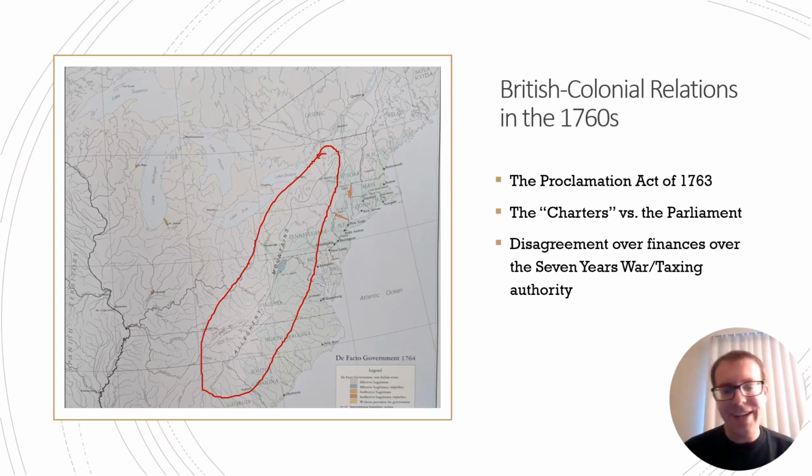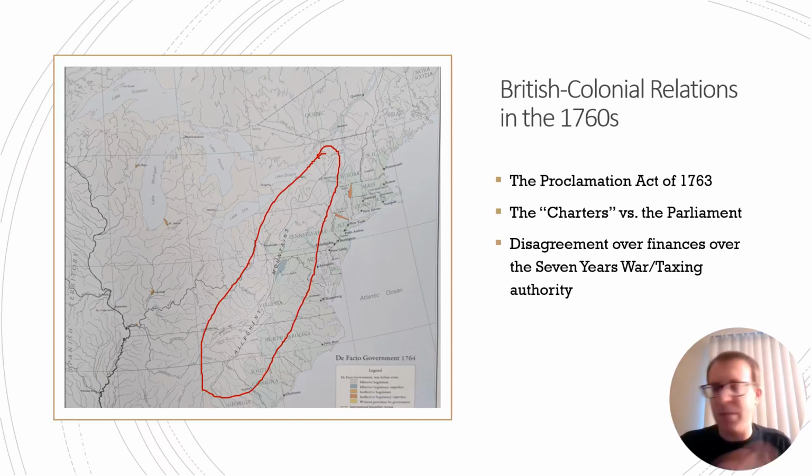And so it served effectively as a slogan. Really what the American colonists were arguing for is that political authority for the American colonies was established through the charter system. And because of that, the American colonies should have some autonomy to run their own affairs separate from Parliament.